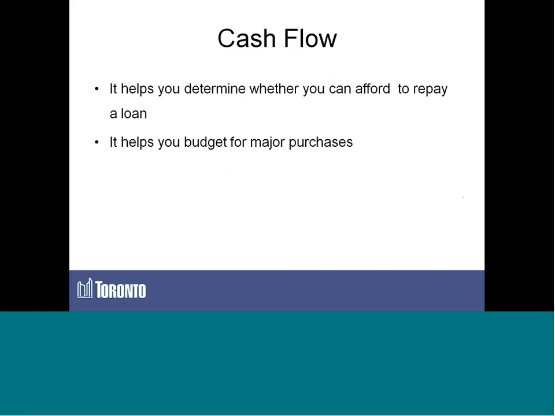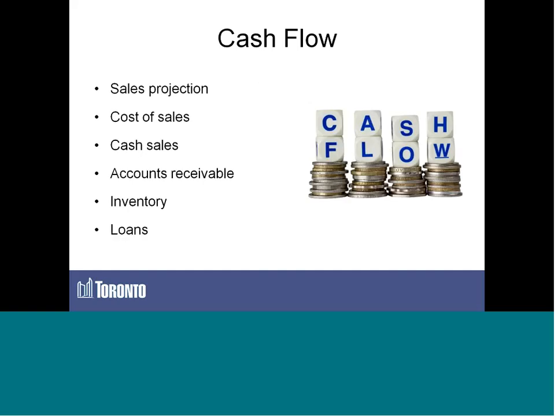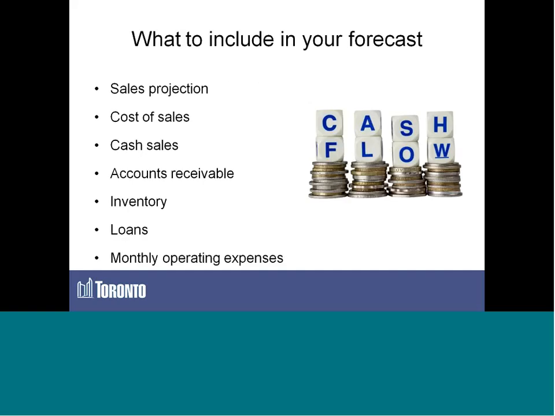And the other thing it helps you do is budget for major purchases. So you can determine when the business will have money so that you can invest, whether it's buying inventory, an asset, whatever it is you're buying for your business, the cash flow forecast helps you do this.